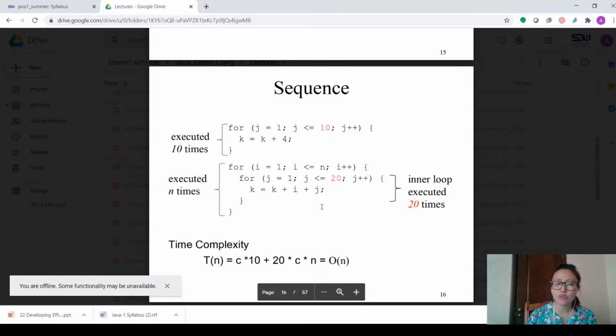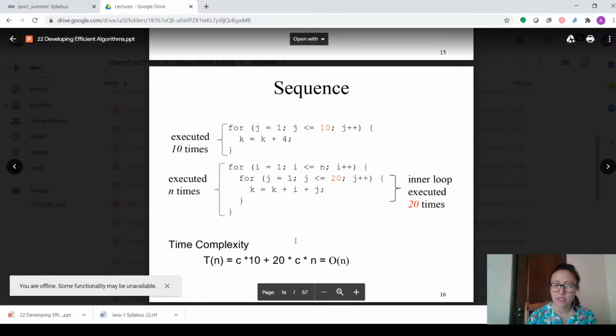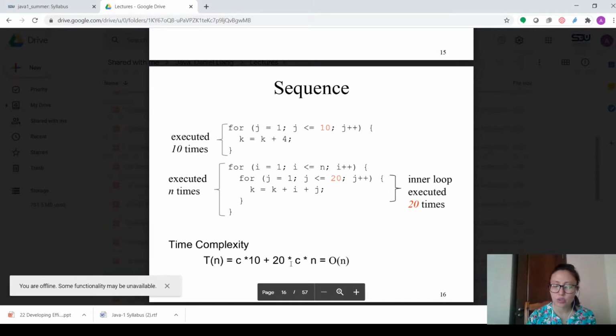For execution of the second, we spend 20 times constant times n. Then the biggest term in this polynomial is 20 times constant times n, where we are not writing these constants, then the answer will be O(n).